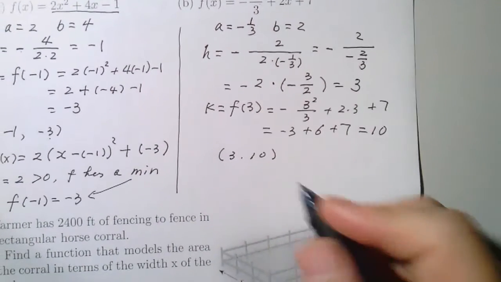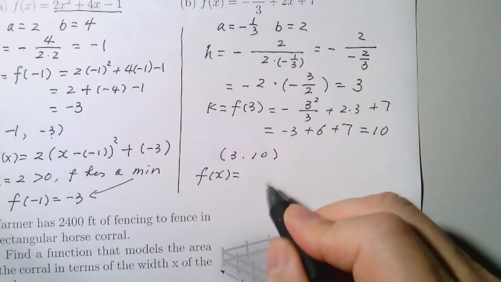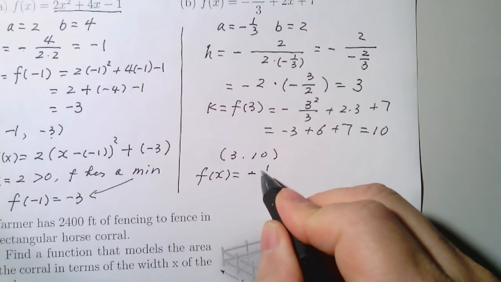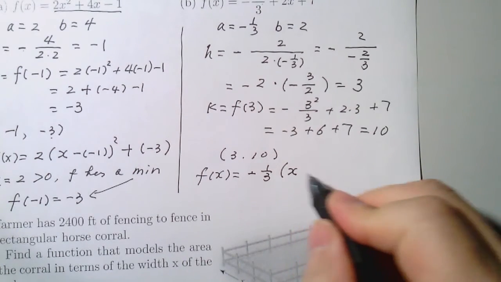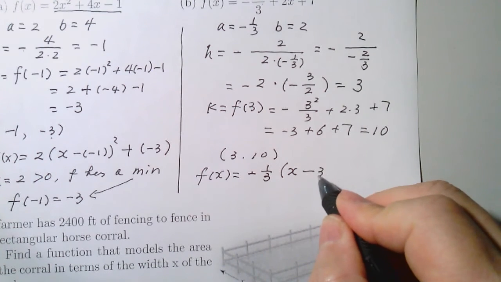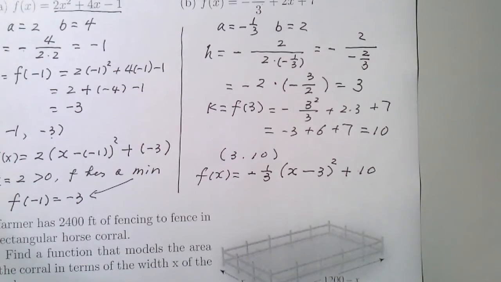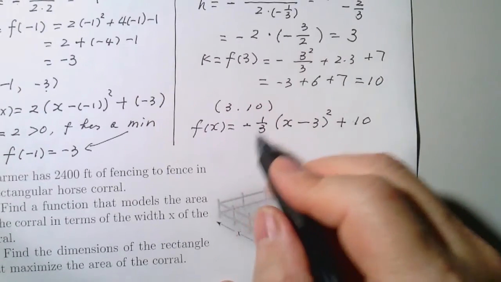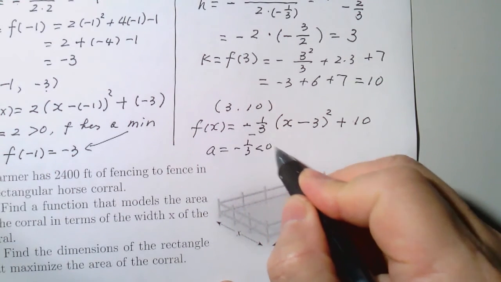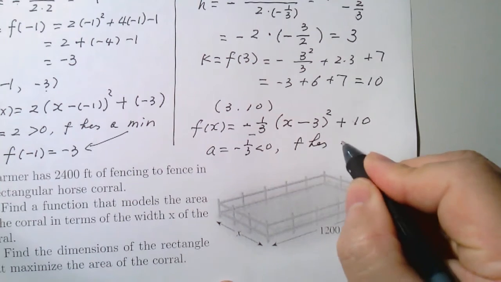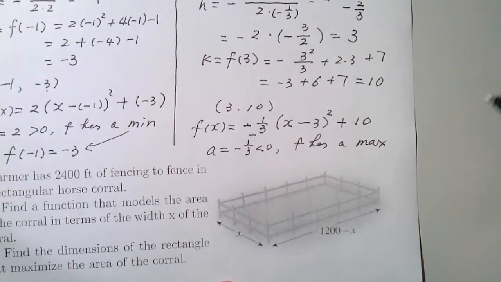So that tells us the standard form for this function is f(x) equals negative 1/3, always write the a first, times (x minus h, which is 3) squared, plus k, which is 10. Because a equals negative 1/3 is less than 0, f has a maximum, because it opens downward.